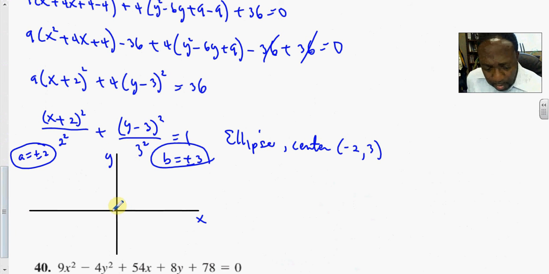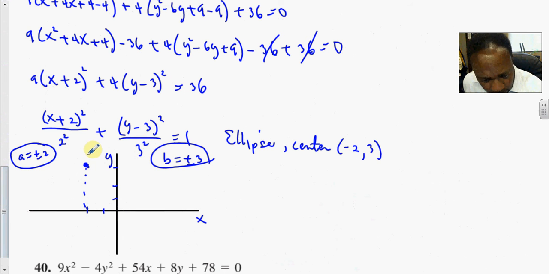So we find the center. X is -2, Y is 3. And so from the center, we're going to go up. Y is ±3. We're going to go up 3 and down 3. So it brings us here.